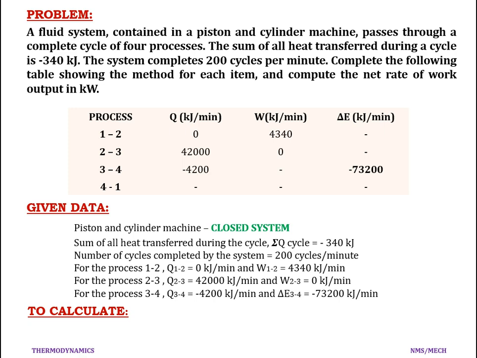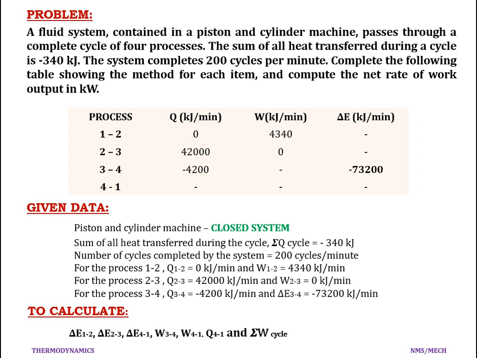So what are the parameters to be calculated in this problem? In the first process, you have to calculate delta E 1 to 2. In the second process, the delta E value also has to be calculated, therefore delta E 2 to 3. In the third process, the W value is unknown, therefore W 3 to 4 is to be calculated.